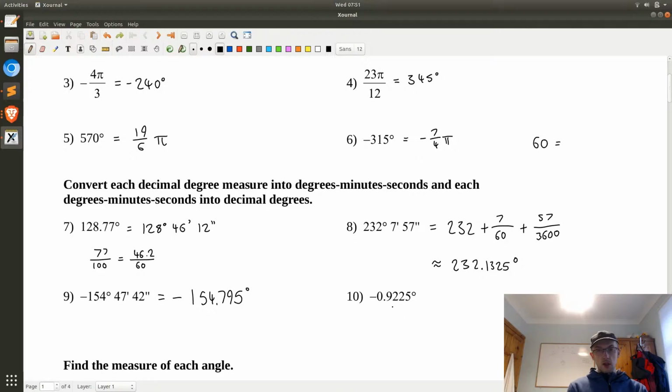Okay, 92.25 over 100 equals something over 60. Okay, 60 times 92.25, and then divide all of that by 100, and we get 55.35.